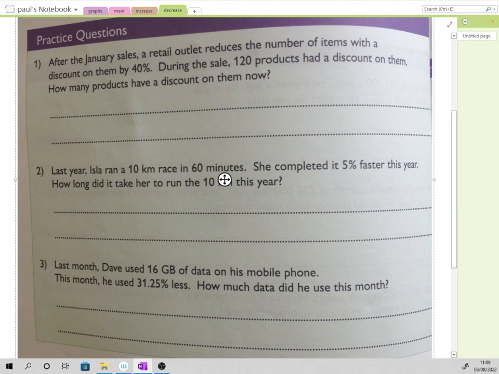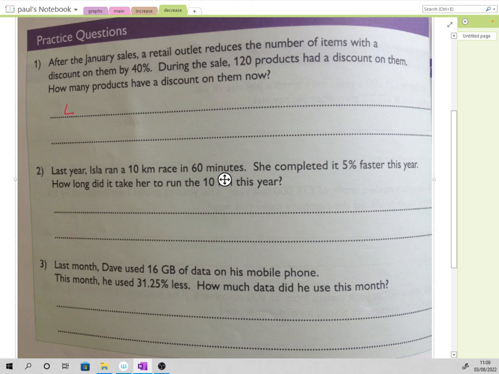Okay, after the January sales, a retail outlet reduces the number of items with a discount by 40%. During the sale, 120 products had a discount on them. How many products have a discount on them now? So they've reduced this number, 120, by 40%. So it's more difficult. The more words you have, the more you have to dig in and try and find out what to do.